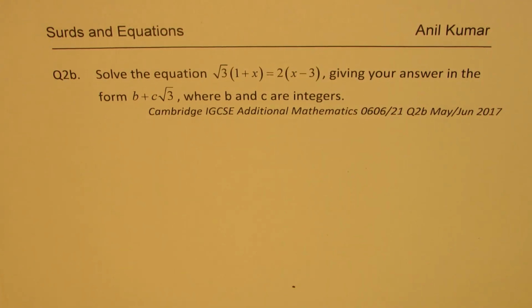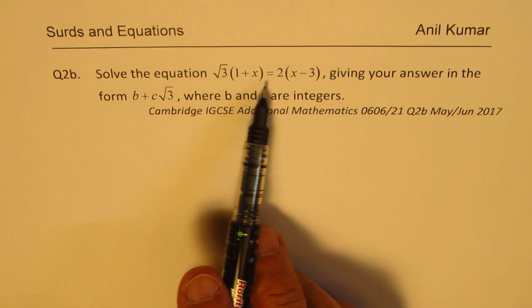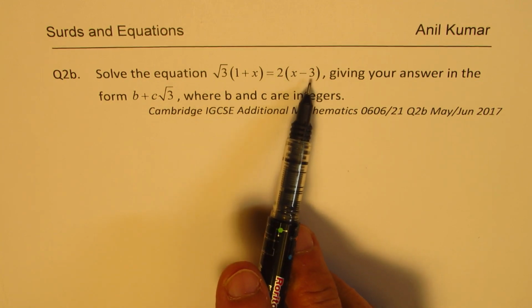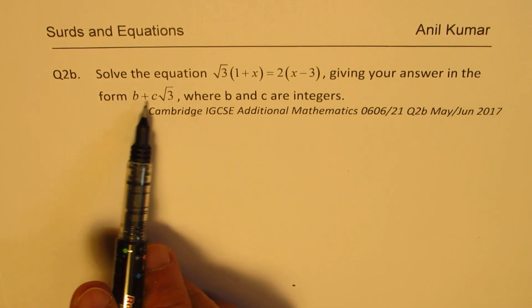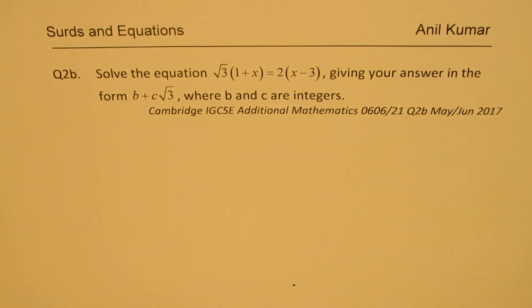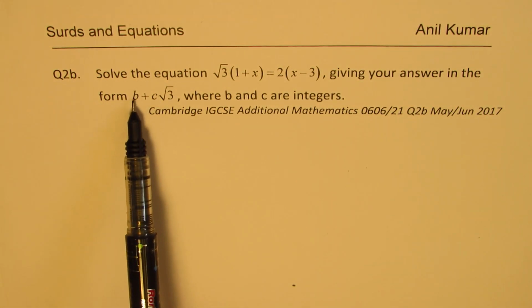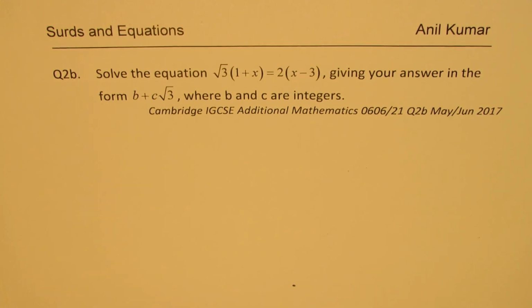Question number 2b is, solve the equation square root 3 times 1 plus x equals to 2 times x minus 3, giving your answer in terms of b plus c square root 3, where b and c are integers. So we need to basically find value of b and c and we need to write the solution in this term, right?